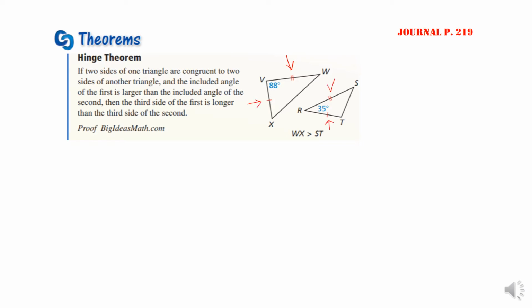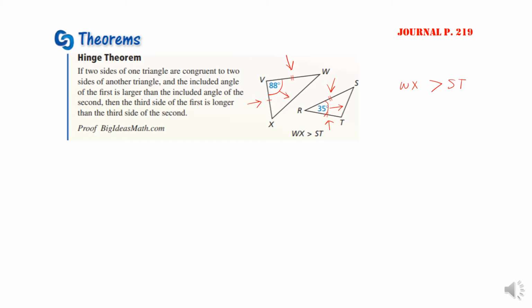So if two sides of one triangle are congruent to two sides of another triangle, and the included angle of the first, so there's the included angle, the one between the two congruent sides, is larger than the included angle of the second, then the third side of the first is longer than the third side of the second. So they're saying that WX is greater than ST because it's this side that's across from that included angle.